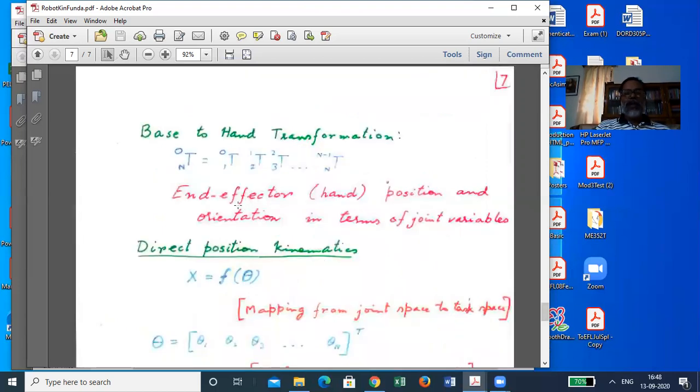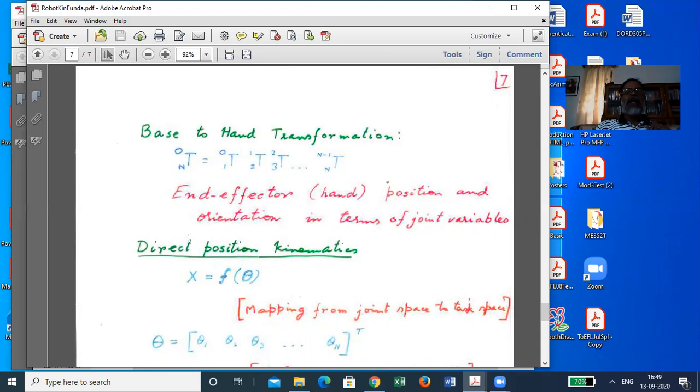So now if you notice that, in this matrix only one quantity is variable, which is a joint variable. In this another one, in this another one. So finally you have got n joint variables in terms of which you have expressed this transformation matrix, which is basically giving you the orientation and position of the end effector frame in terms of theta 1, theta 2, theta 3, theta 4, etc. So you can say that you have actually done what is called the direct position kinematics in robotics terminology.